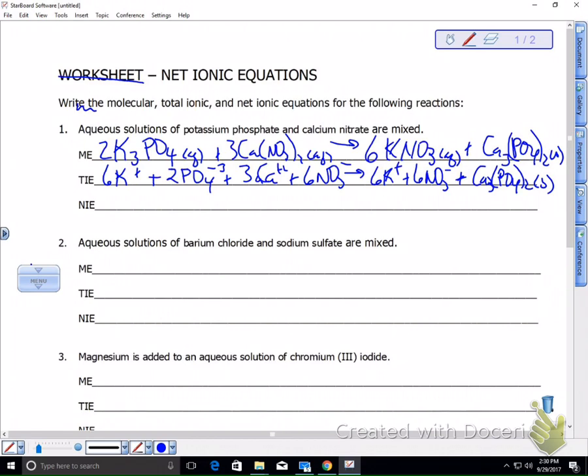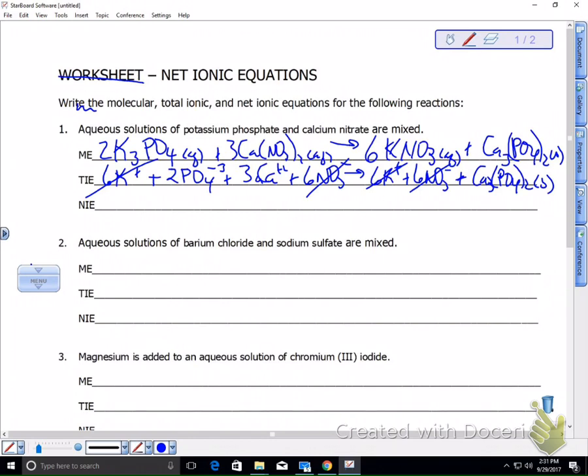Now, everything here that is an ion as a reactant, if it's an ion as a product as well, it hasn't undergone any change. We're going to mark those out. We call those spectator ions, and we have a couple in this reaction. The potassium and the nitrate always stays in solution as ions.